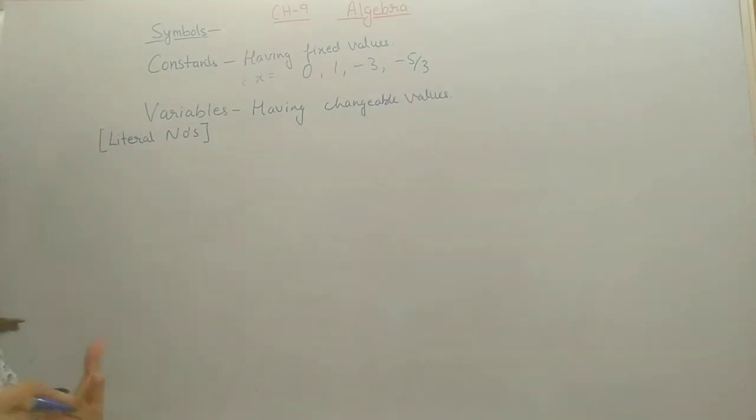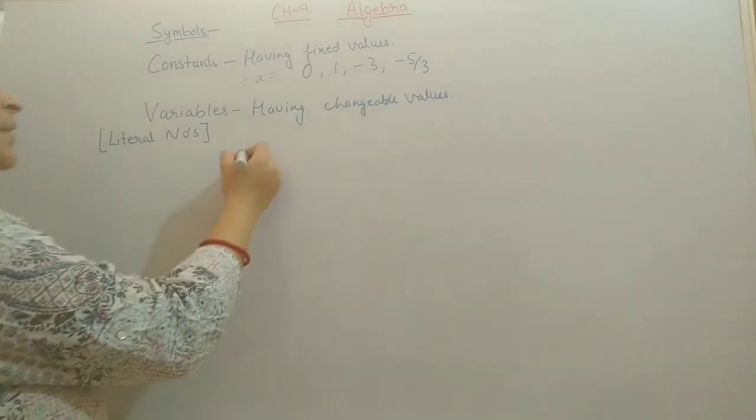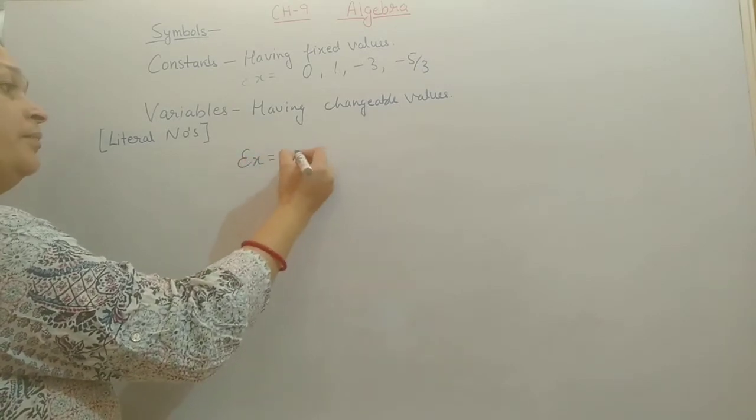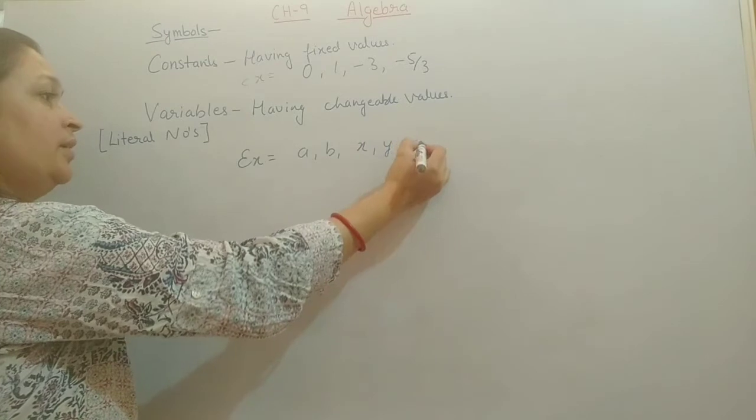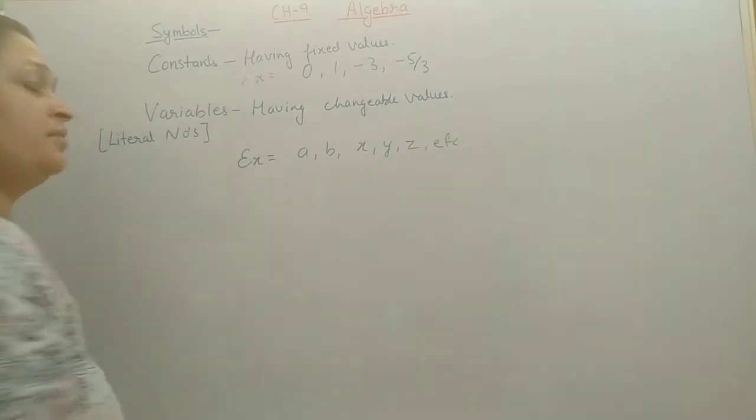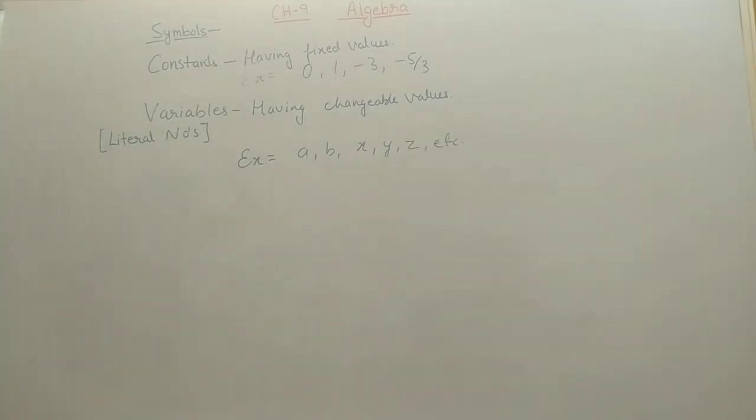It means the value of a variable will change depending on the condition. It is not a fixed value. For variables we will use alphabets A, B, X, Y, Z, etc. These alphabets we will use as variables.